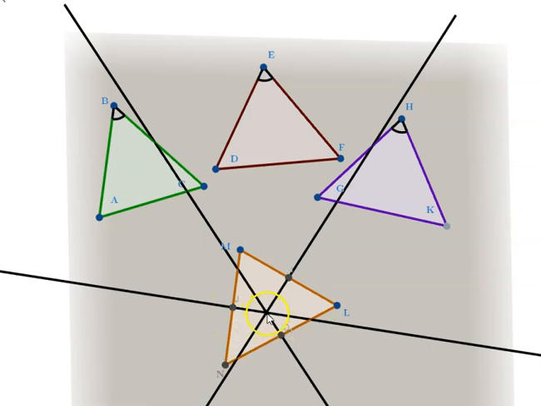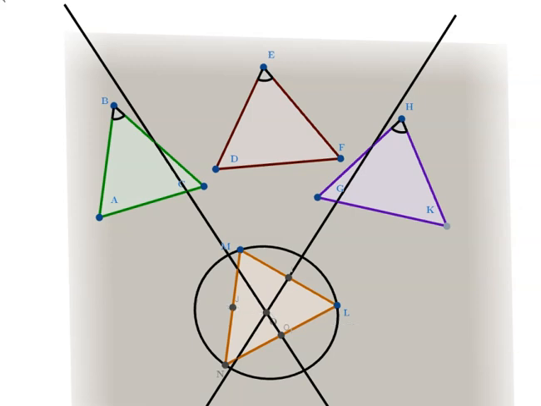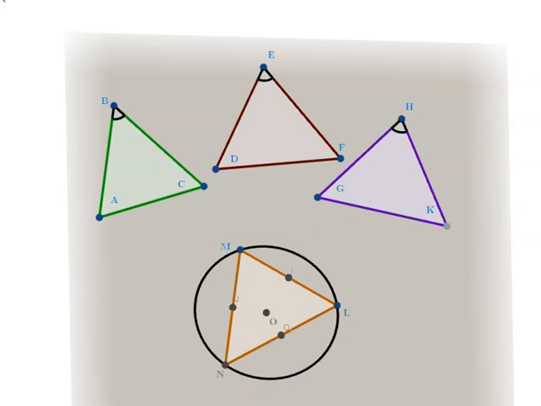Now, using the intersection point of these three lines as the center, we can draw a circle with the radius from the center to either L, M, or N, and it will pass through these points L, M, and N. So now let's mark the center point as O, and let's get rid of these elements. Now here, OL, OM, and ON will all be equal.